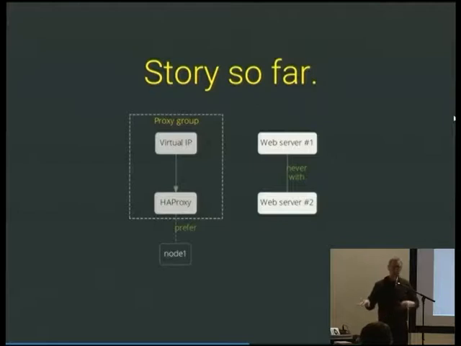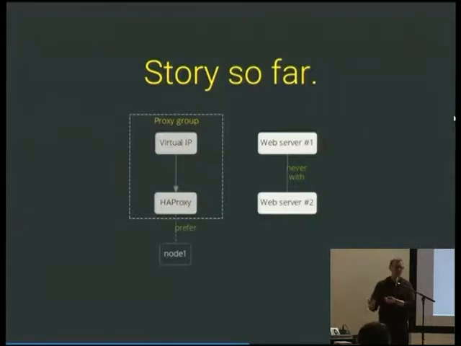By default, the cluster software will try to spread resources evenly across the cluster to load balance. So in a 3-node cluster, this usually ends up meaning that HA proxy runs on the first node, one web server runs on the second node, and the final web server runs on the third node.